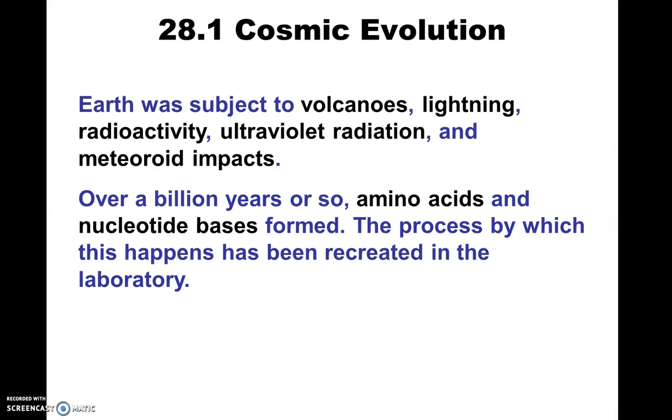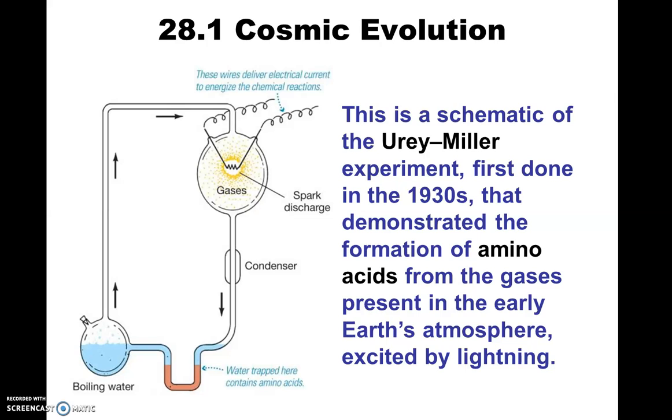All right, so we'll go into that in just a little bit. So we think that about a billion years ago, we get amino acids and then nucleotides that are forming. So amino acids, of course, are the building blocks for proteins, right? Absolutely essential for any life form on the Earth today. They all use amino acids and they all use proteins.